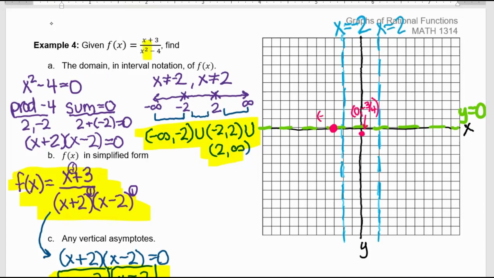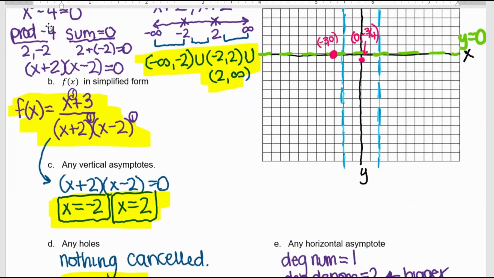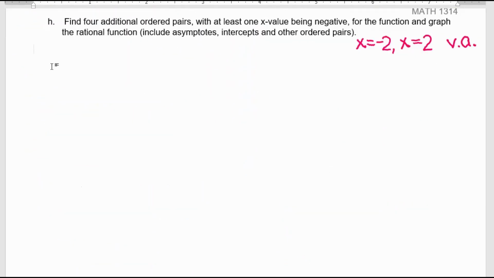And we have -3, 0. After that, the process told us to plug in values to the left and right of each vertical asymptote. So we need 4 additional ordered pairs with at least one x value being negative for the function.